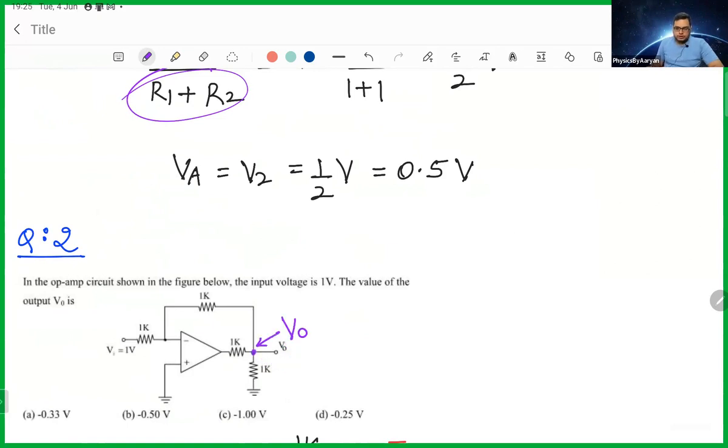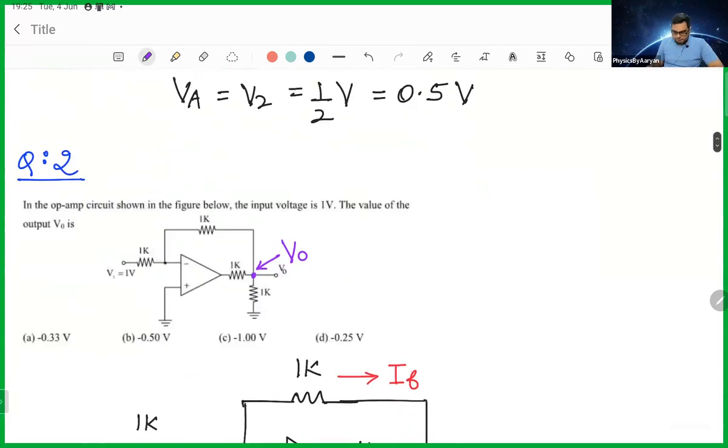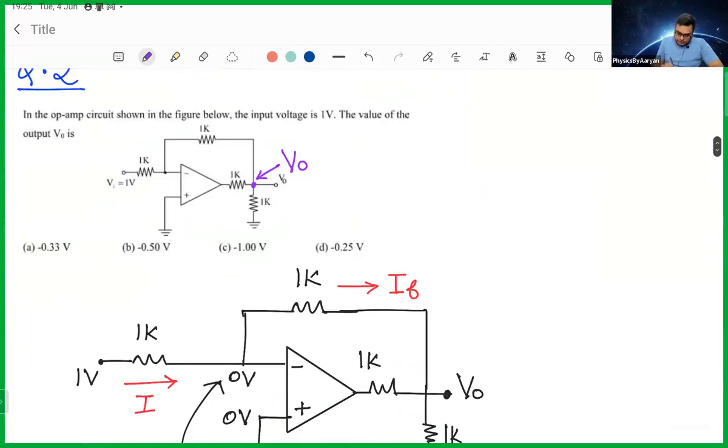Now in an op-amp, let's say some current is coming from here. No current can go inside the op-amp because you know that input current in an op-amp is 0. So whatever input current is coming, it will go in the feedback loop.